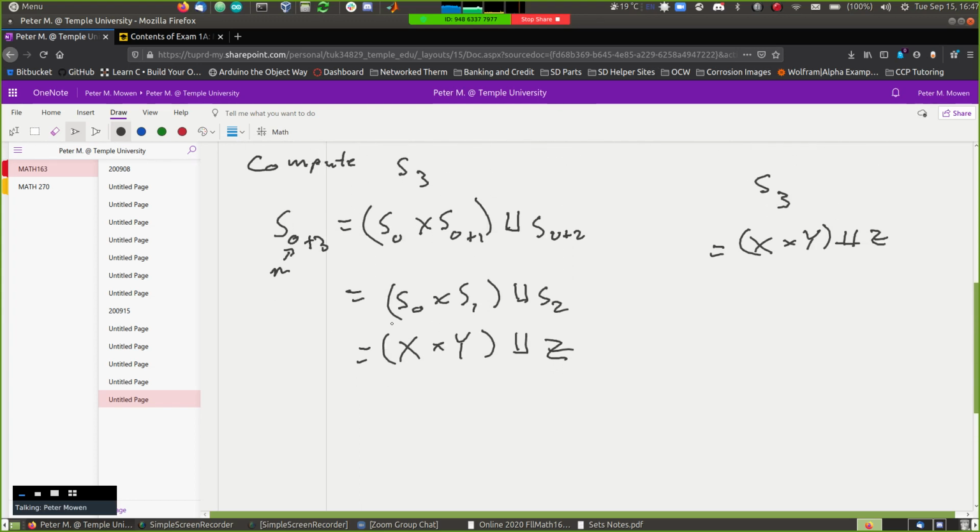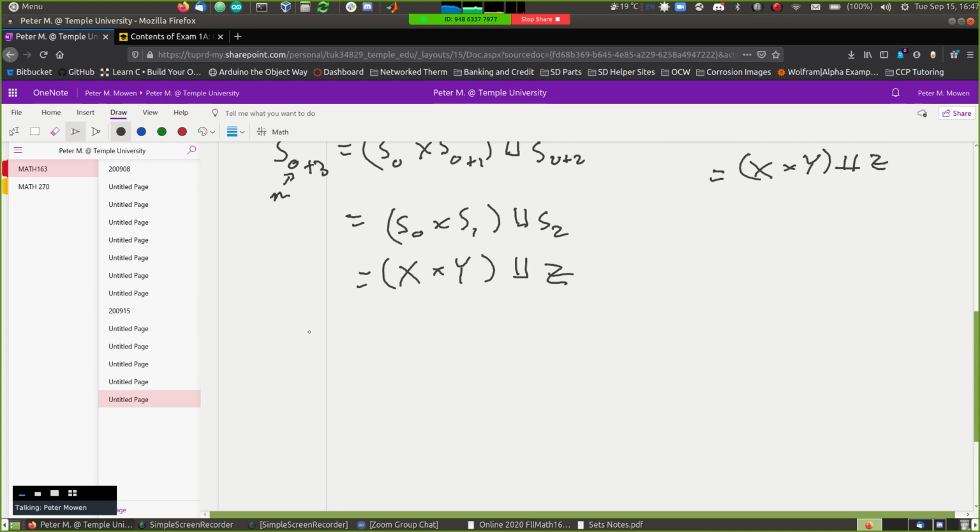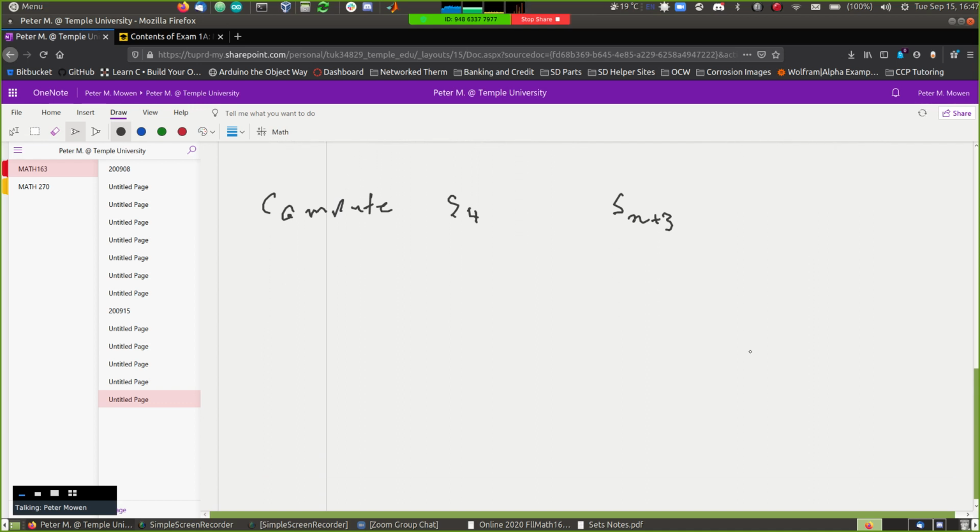Okay, so a couple questions later, it asked me to compute S4. So remember that our S is in terms of n plus 3. So for S4, what would n be? And yeah, we would write 4 is 1 plus 3.